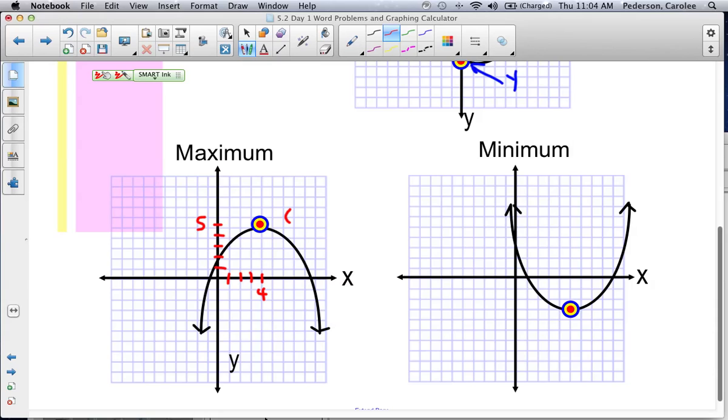This is what we call the vertex, which is also the maximum point of this parabola. The example on the right is a minimum point. We would go over 1, 2, 3, 4, 5, and then down 1, 2, 3. Then the minimum point for this graph is (5, -3), which is also called the vertex.